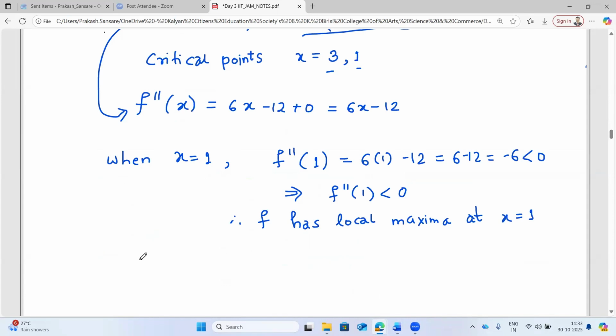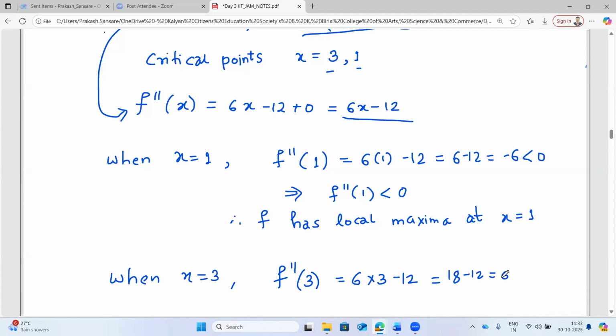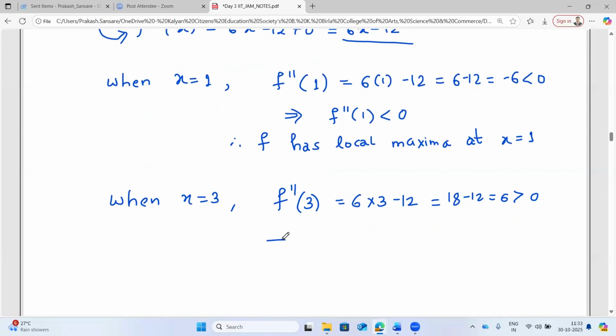Now we'll check for x is equal to 3. When x is equal to 3, let's find out what f double dash at 3 is. f double dash at 3 will be 6x minus 12. So 6 into 3 minus 12, 18 minus 12, which is 6, which is strictly greater than 0.